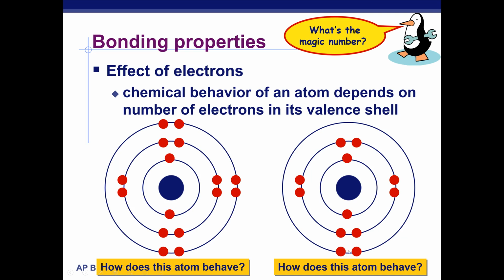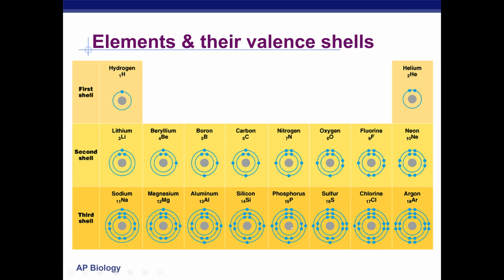These will happily lose these to this atom, and you'll get ions. Whatever this is will be a positive ion, and whatever this is will be a negative ion, because remember, the electrons have a negative charge. So it's actually going to be a 2 negative and a 2 positive because it lost 2 charges.